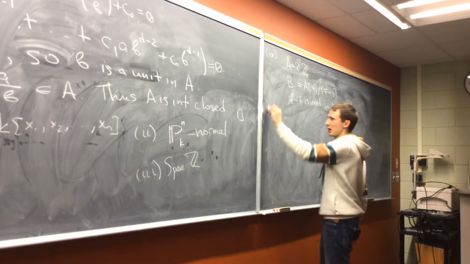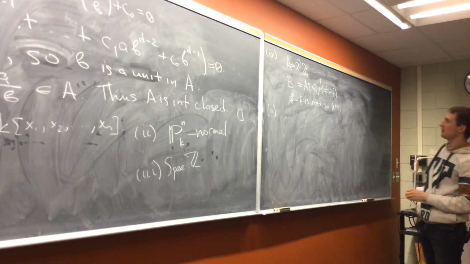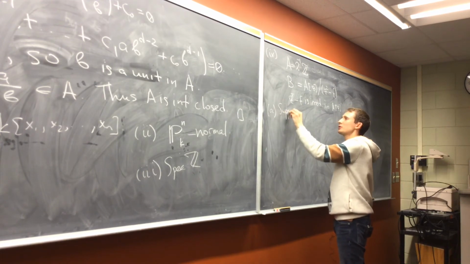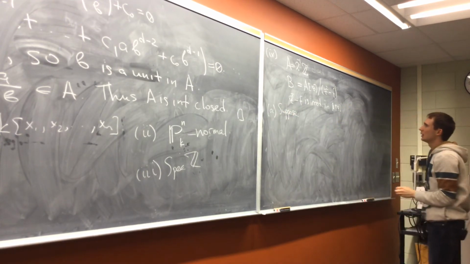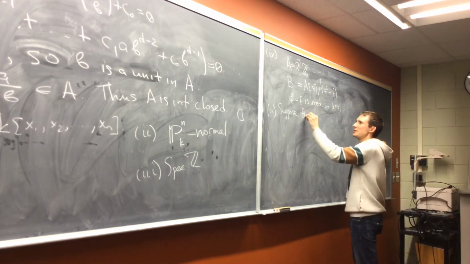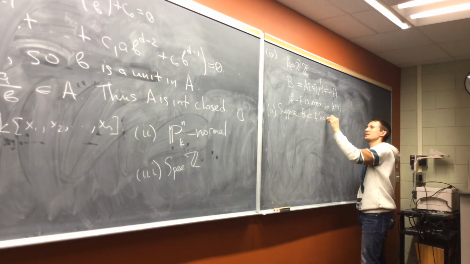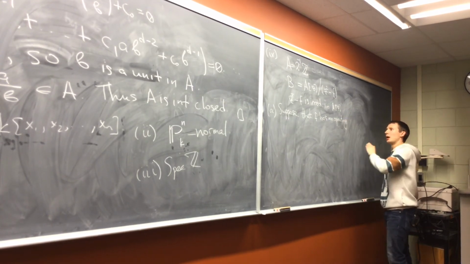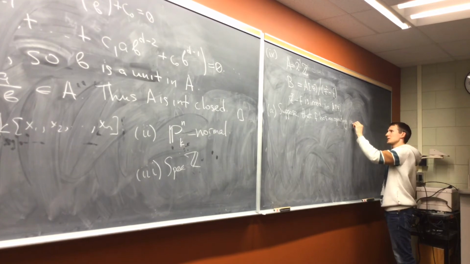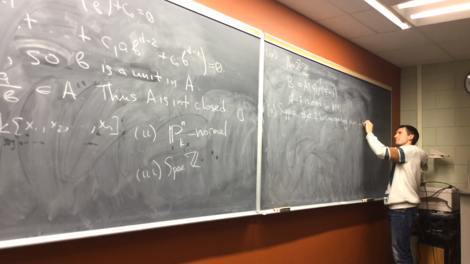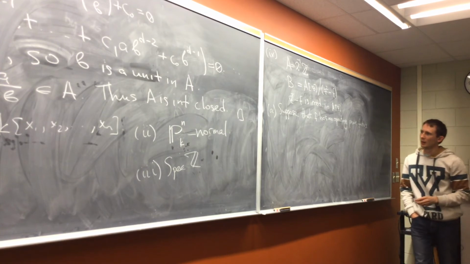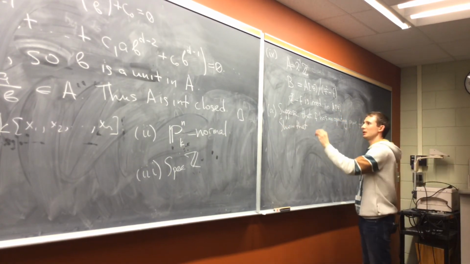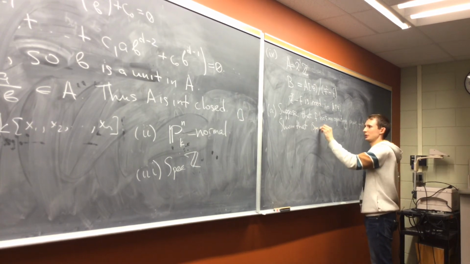So here's problem A. Suppose that f has no repeating prime factors. Show that Spec B is normal.